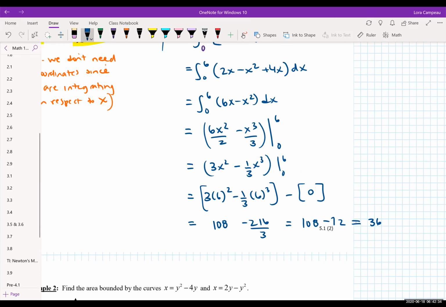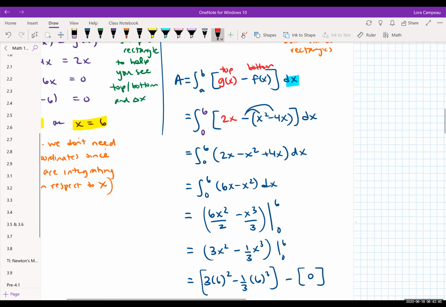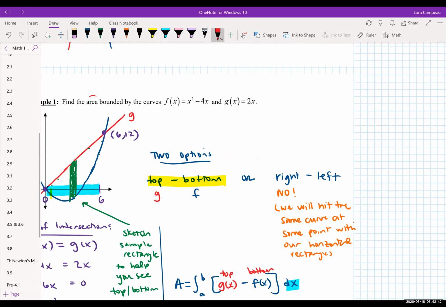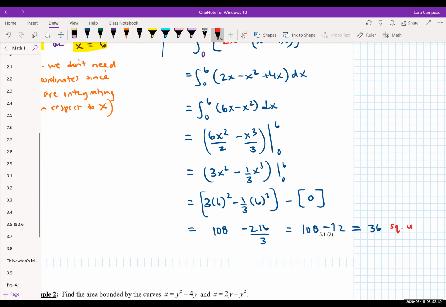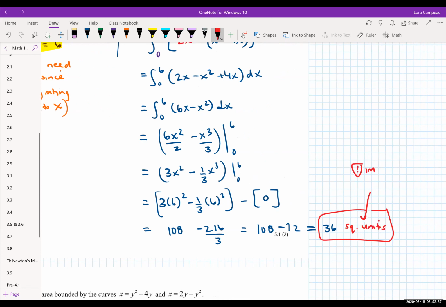Now, what you need to remember is that when we find integrals, we just put the number down. But remember, the problem's asking us to find the area. So don't forget to include the units. Very important, because the problem asked for area.